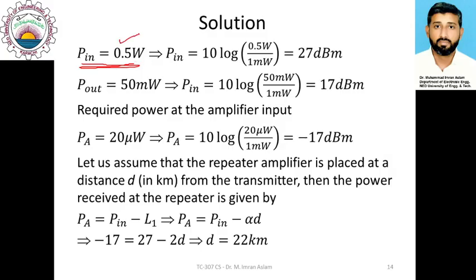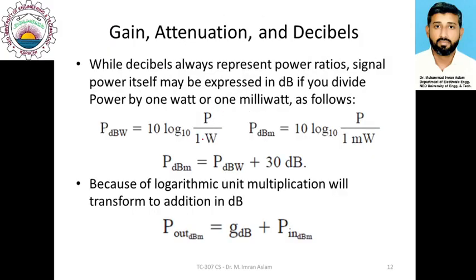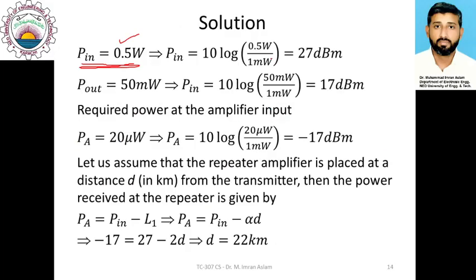As I mentioned, in order to transform this 0.5 watt into decibels, we need to use a reference point, and that reference could either be 1 watt or 1 milliwatt. For this purpose we have chosen 1 milliwatt here, although it would not make any difference if you chose 1 watt. The same calculation can be done if you take 1 watt as a reference.